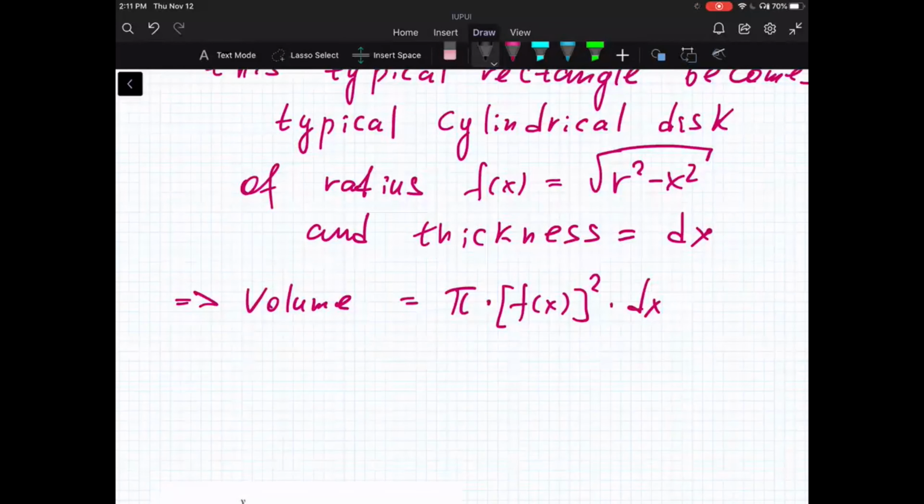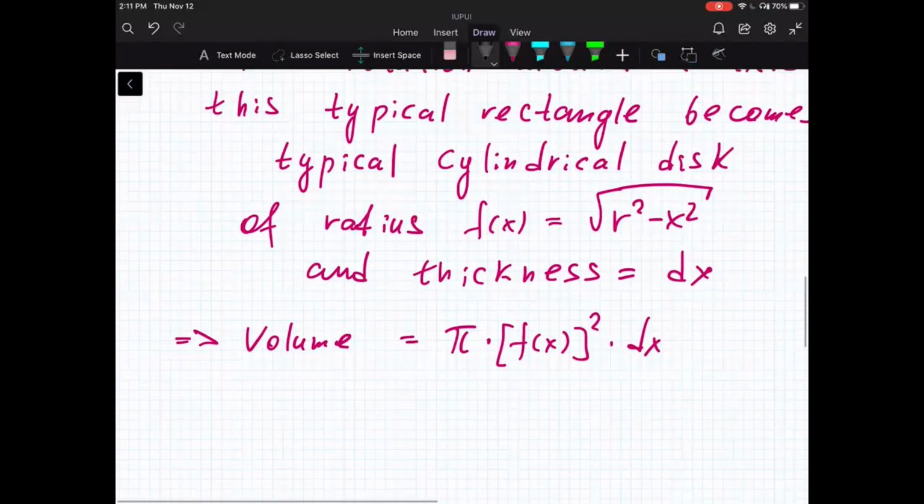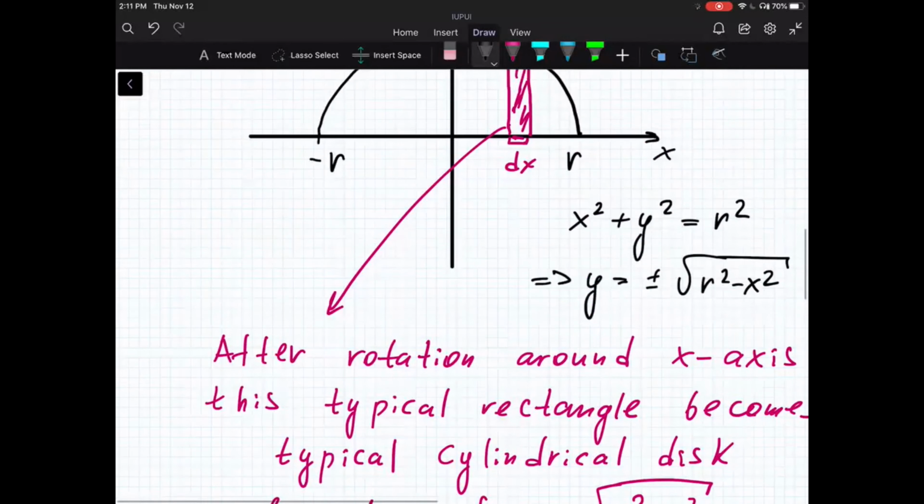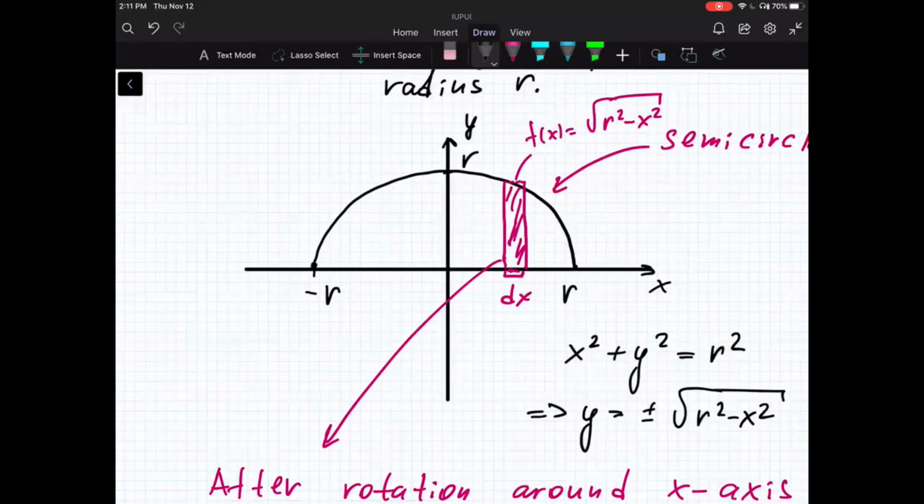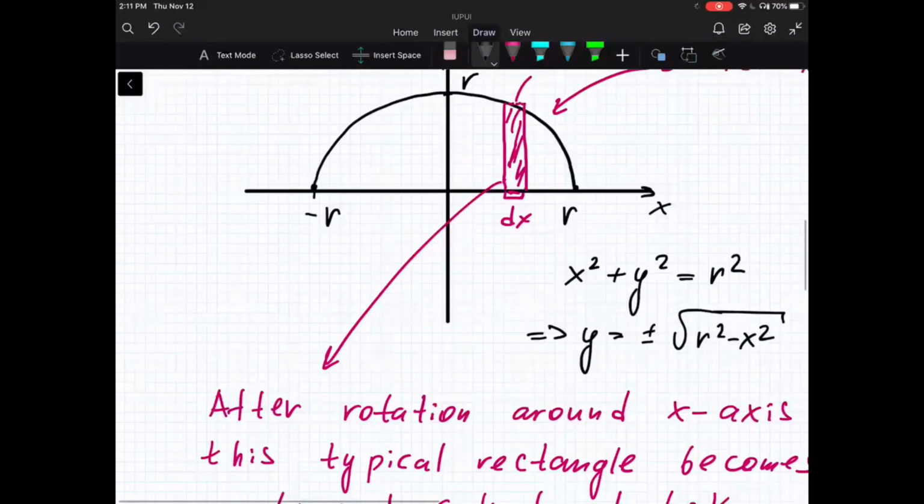But this is only the volume of our small cylindrical disk, and then we need to sum up all such disks. So we get, again, an integral from a to b, but our a is minus r, while the right-hand point is r.